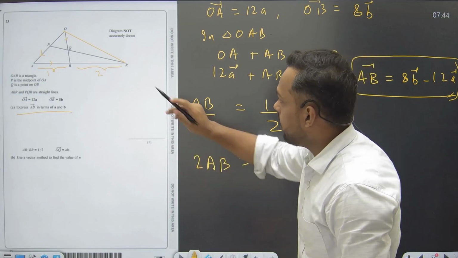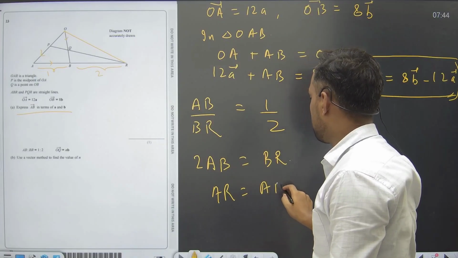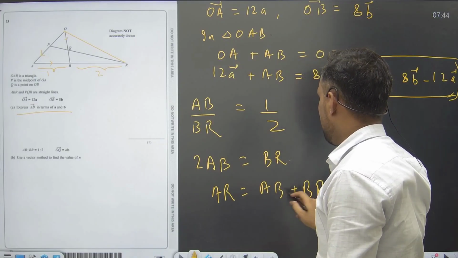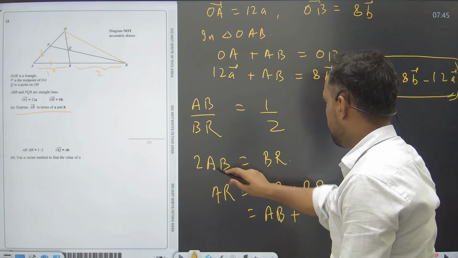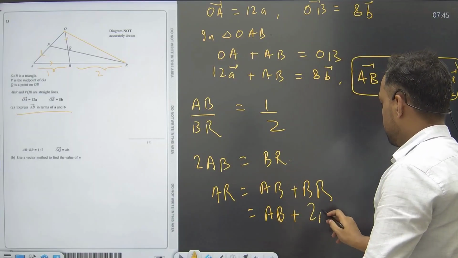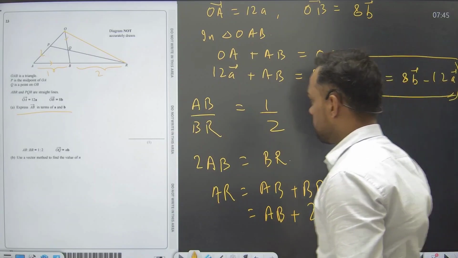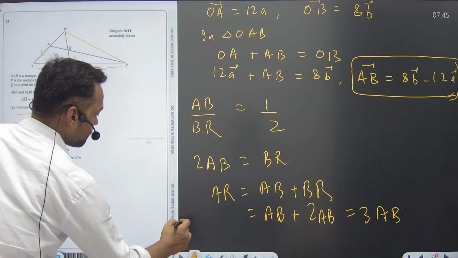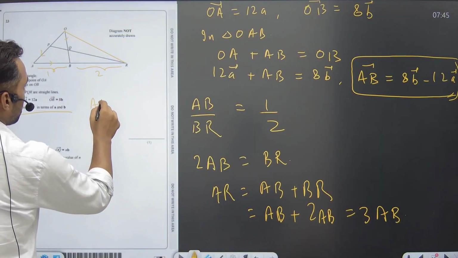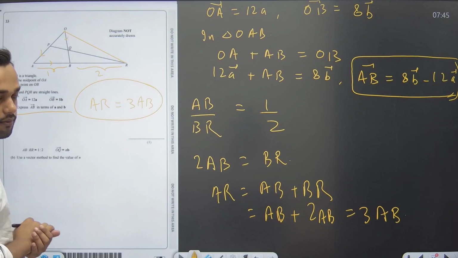Now AR, we know that AR is equal to AB plus BR. Let it be AB, and for BR we can substitute 2AB, so it will be equal to 3AB. So from here we can say that AR will be equal to 3 times AB. Done.